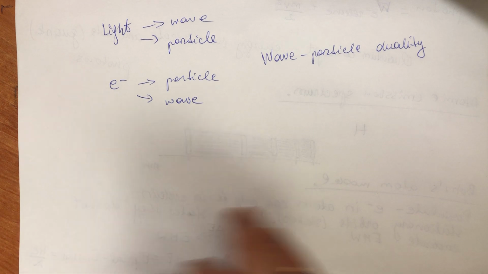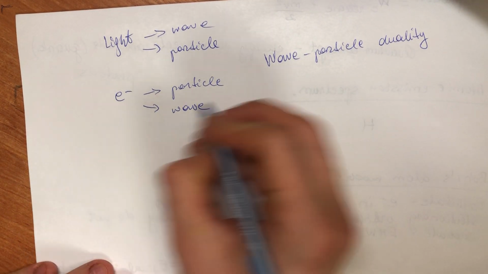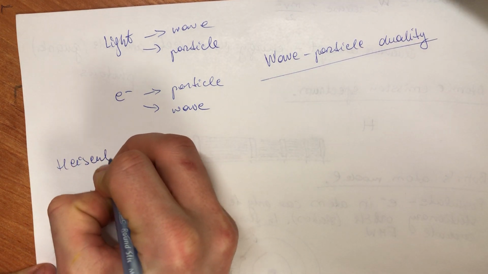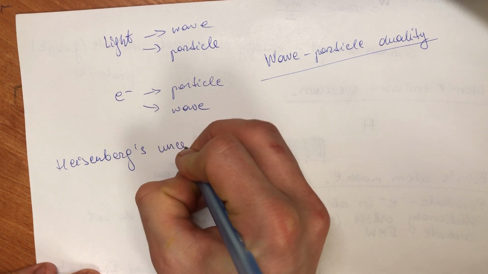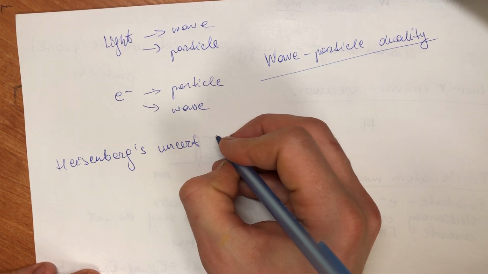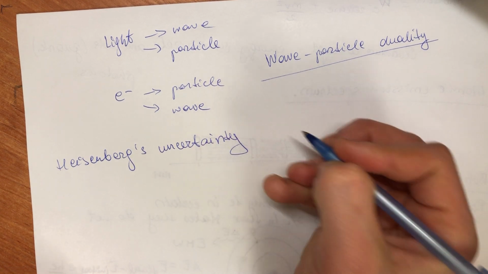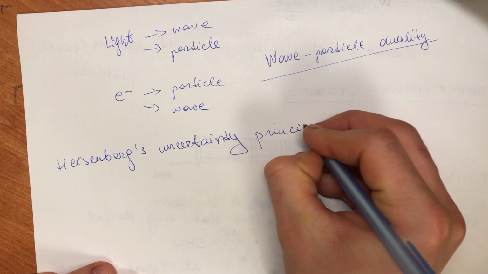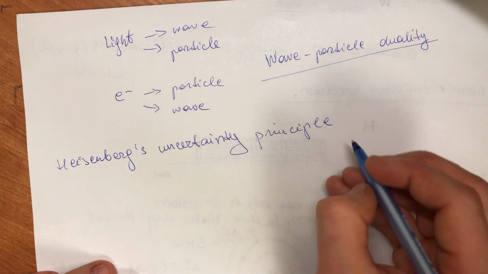Another thing that comes from this wave-particle duality is Heisenberg's uncertainty principle, a difficult word.